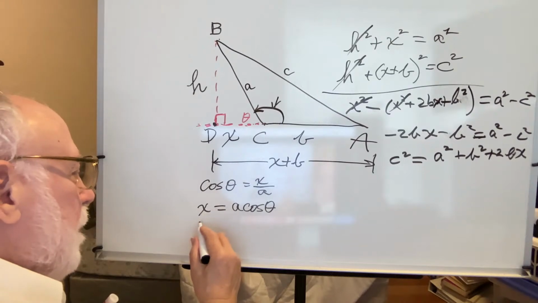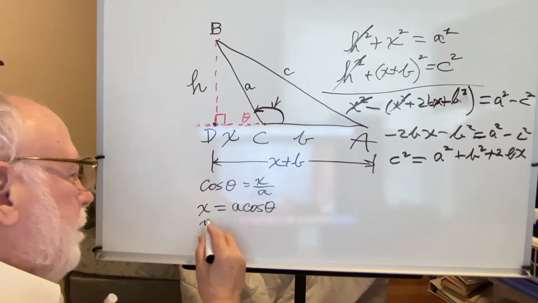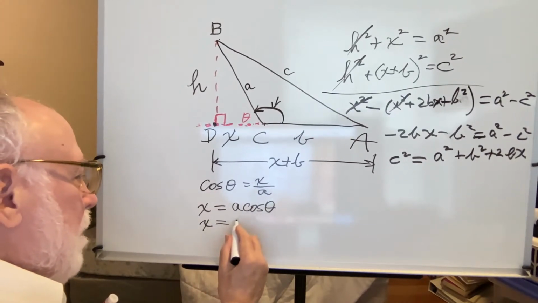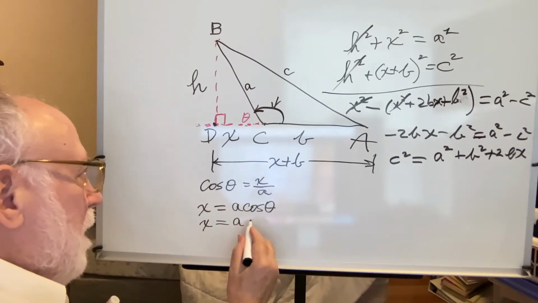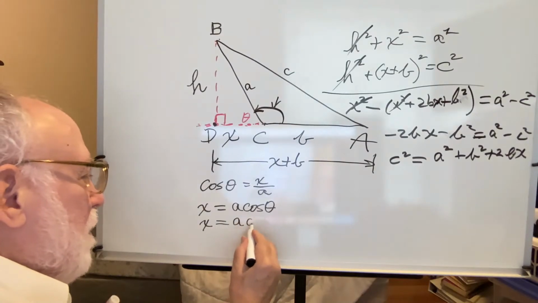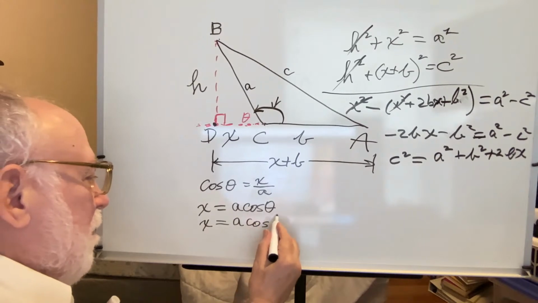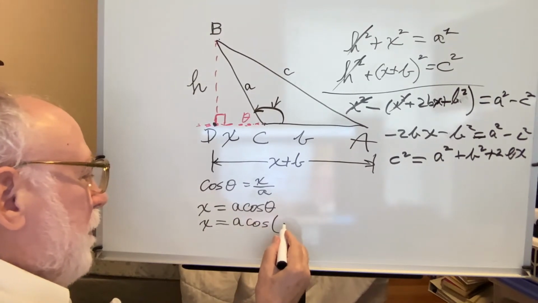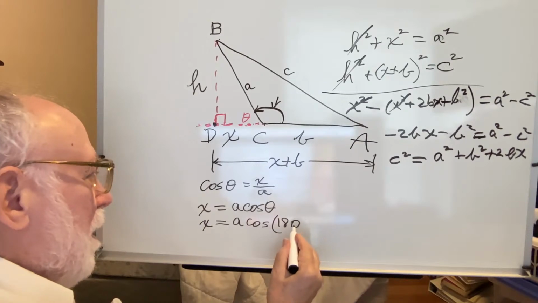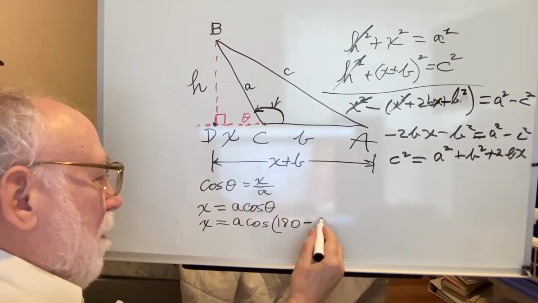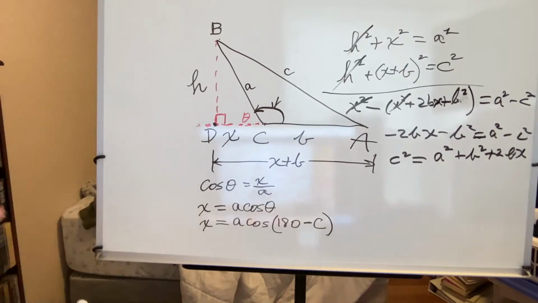So we have that x equals a times cosine of 180 minus c, which is your theta.